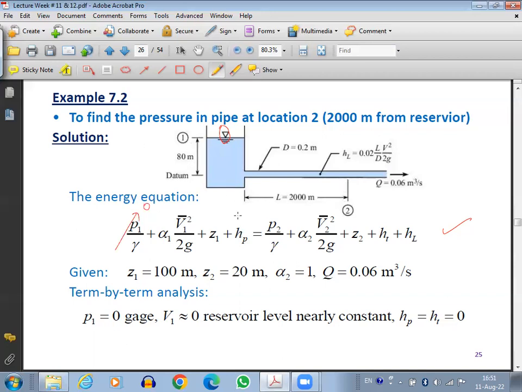There is no pump, so pump head is 0. Do you see any turbine from 1 to 2? No turbine, so turbine head is 0. Point 1 is the top of the reservoir, and point 2 is inside the pipe, so point 2 is going to have a huge velocity compared to point 1. Do you have any question?